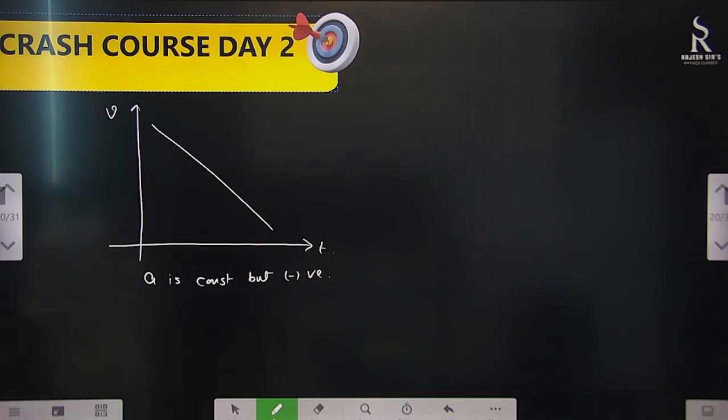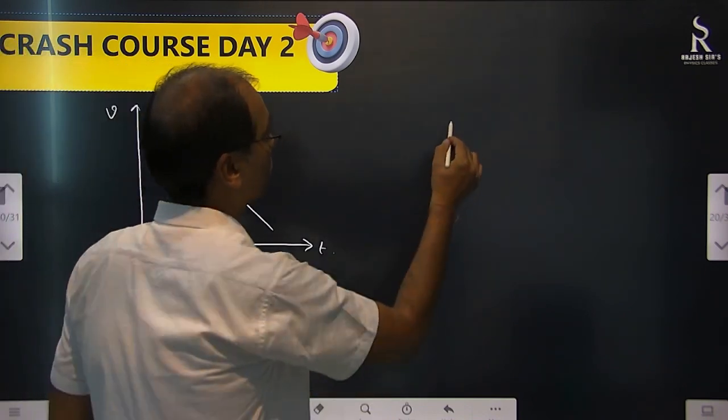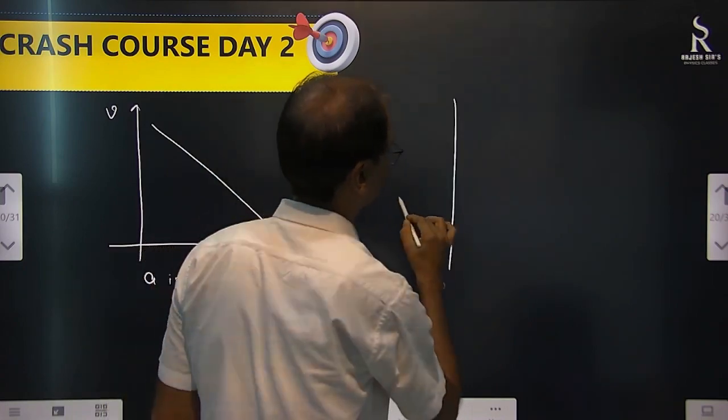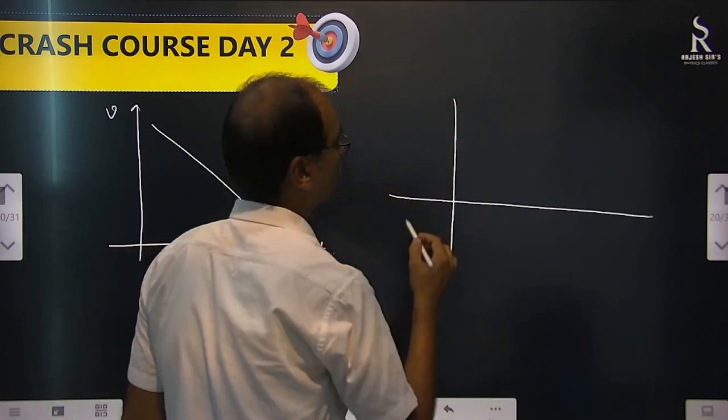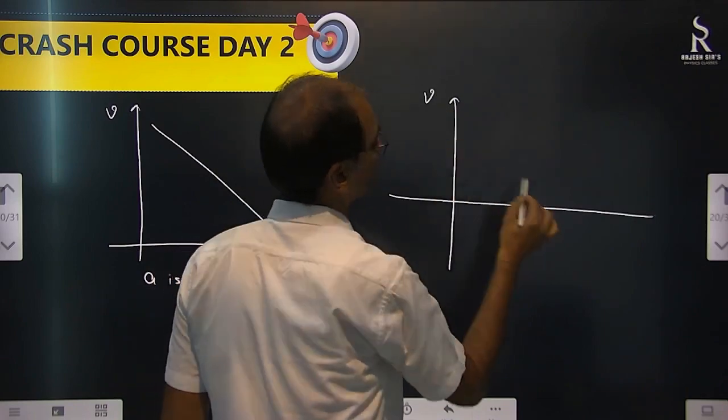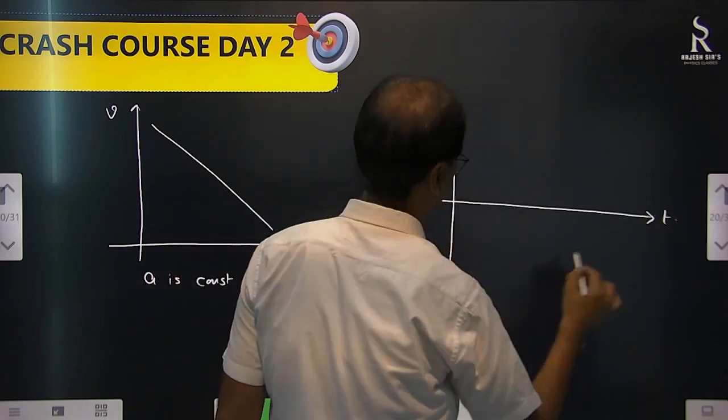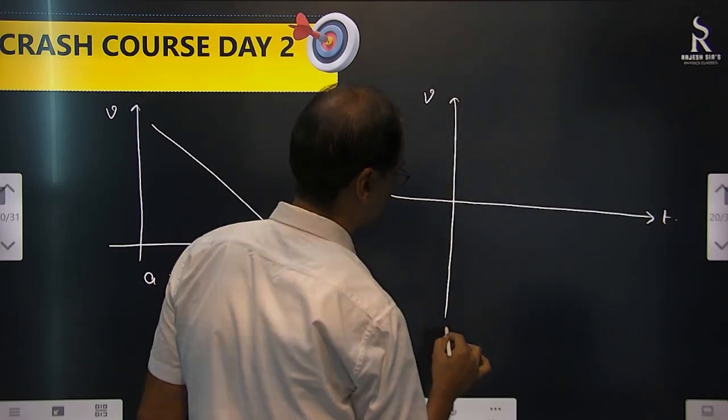Now let's do a few more cases in which we can get confused at times. So what are the cases? We'll make it like this. This is Vt, and suppose the graph is like this.